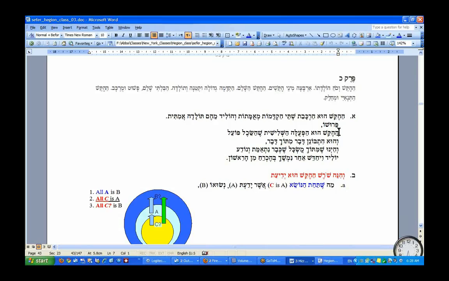Perishel. Hahekesh hu hapula hashlishis sha'aseichel poel. It's the third pula. We spoke about concepts, and we spoke about putting concepts together in statements, and now we're going to be talking about putting statements together in syllogisms. So this is the third one. Vohu, and he says that it is bonen davar mitoch davar. It's to understand something that's already inside something else.